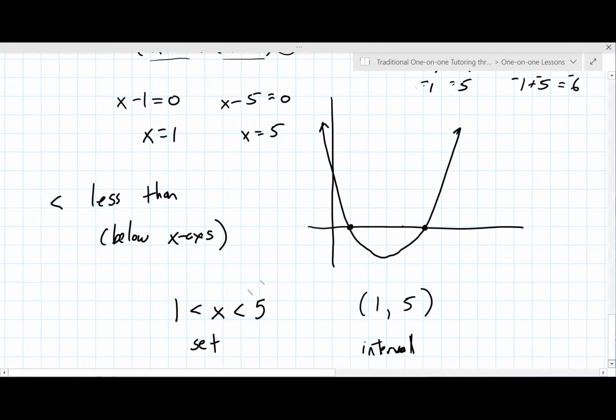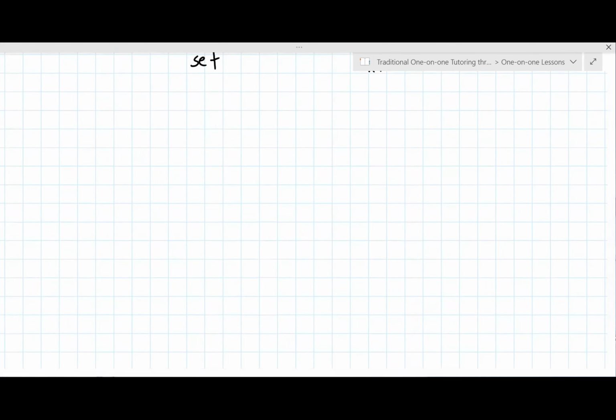Okay, so let's do another problem. 3x squared plus 15x minus 18 less than 0.